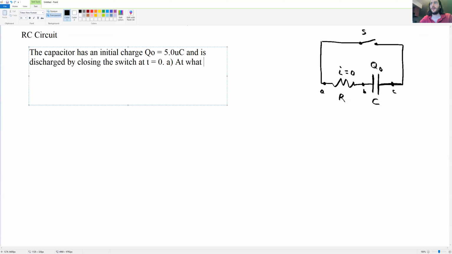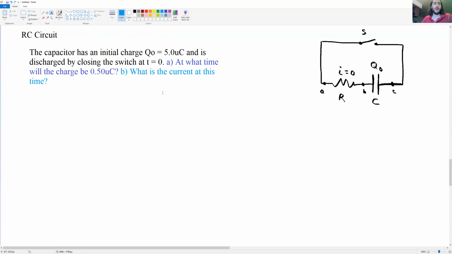Part A, at what time will the charge be 0.50 microcoulombs? And B, what is the current at this time? Okay, so here's part A. Let's maybe throw another color on it. And then part B. Okay, so there is the question.